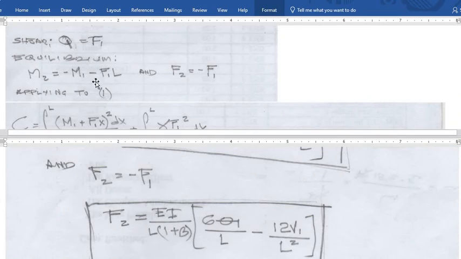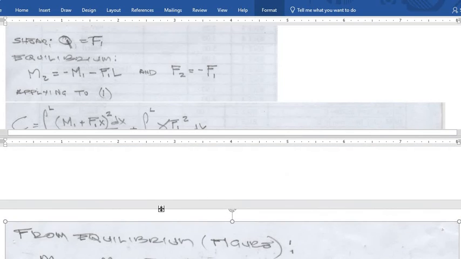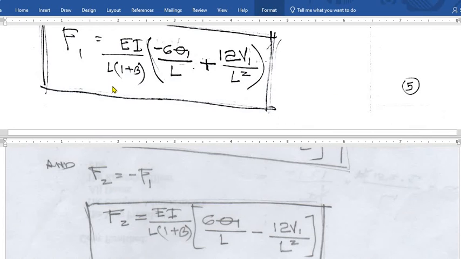And still from the equilibrium conditions, F2 is equal to negative F1. So we will follow that. Okay, so F2 is equal to negative F1, but we have already solved F1. Okay? So, let's substitute this.